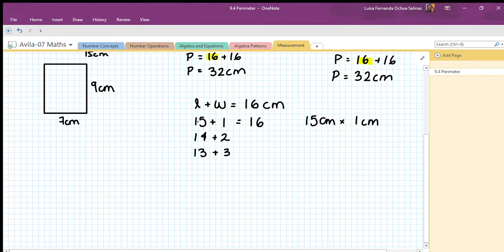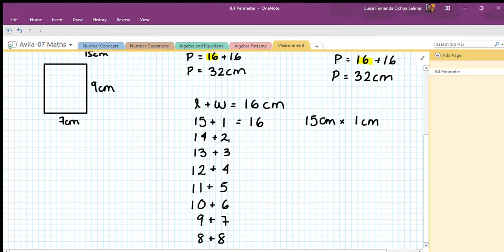You can see that I'm decreasing the length by 1 and increasing the width by 1. I made a mistake here. So I'm going to do it here: 12, 11, 10, 9, 8, plus 4, plus 5, plus 6, plus 7, plus 8.